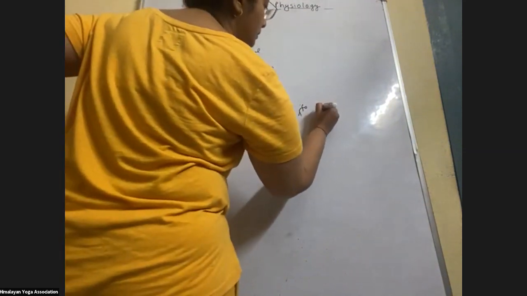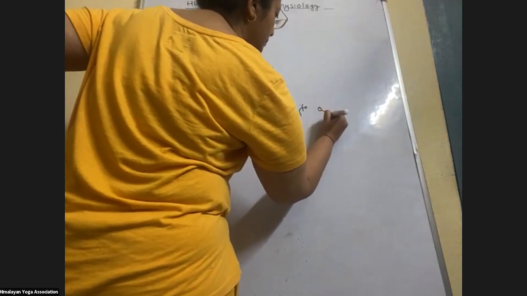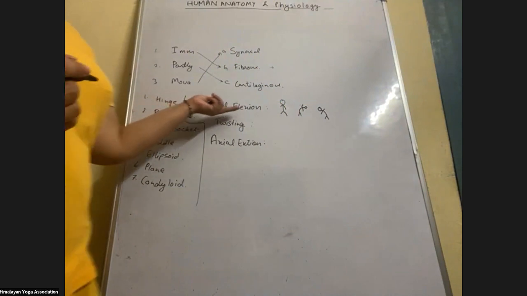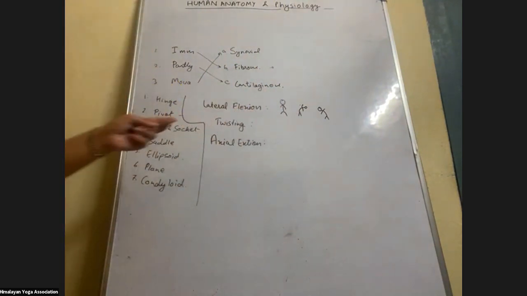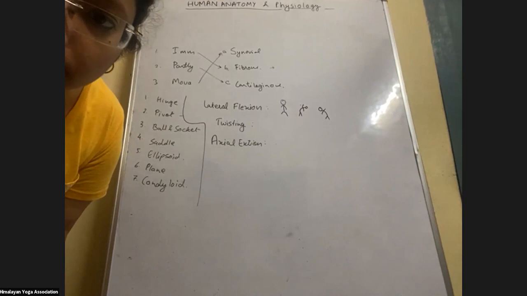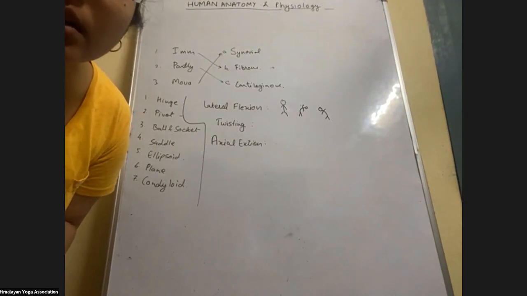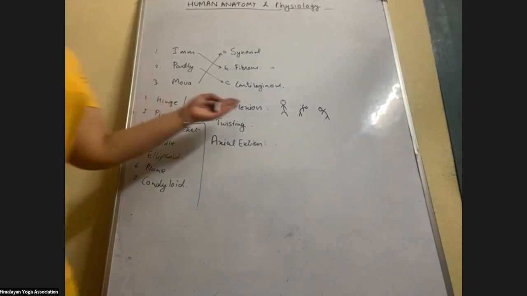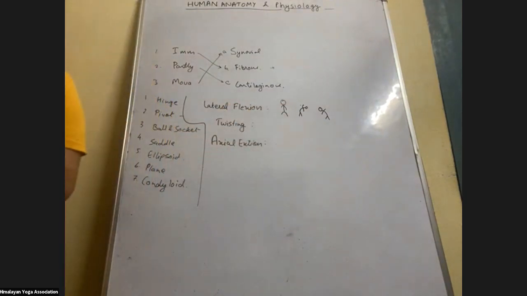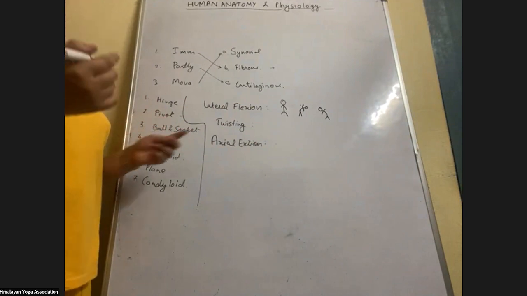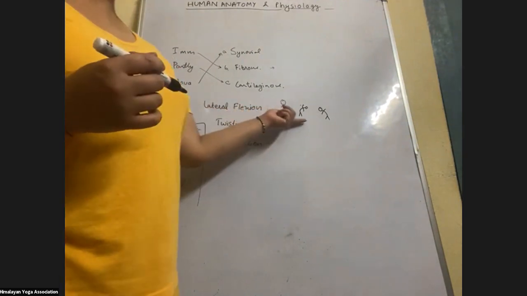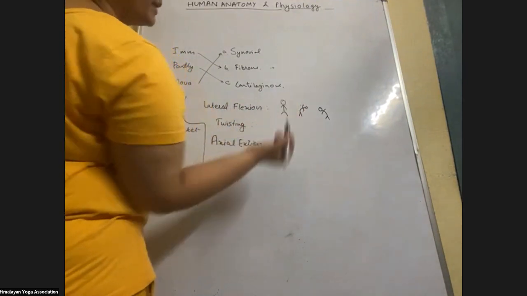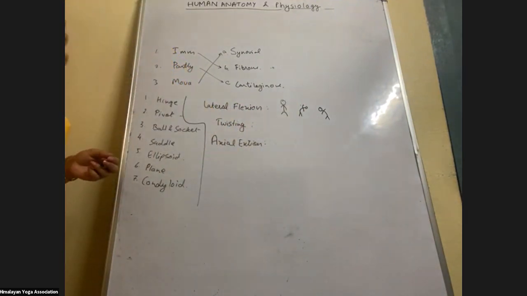This lateral flexion, there is bending of the spinal cord sideways, left or right. This is Trikonasana. So in this, the spinal cord is bending towards left or right.